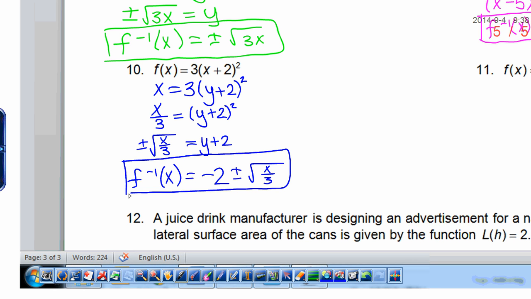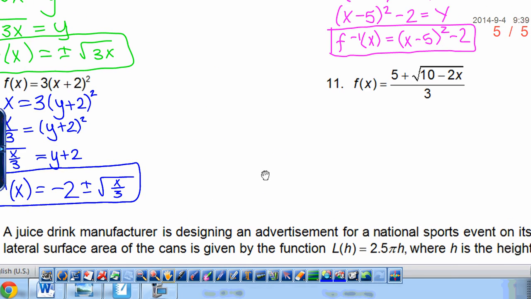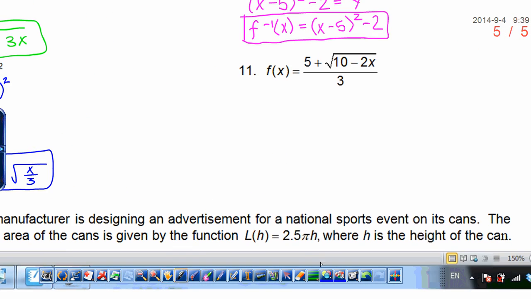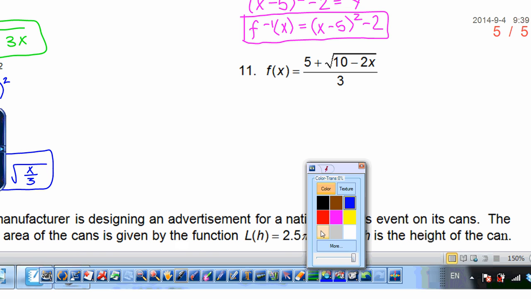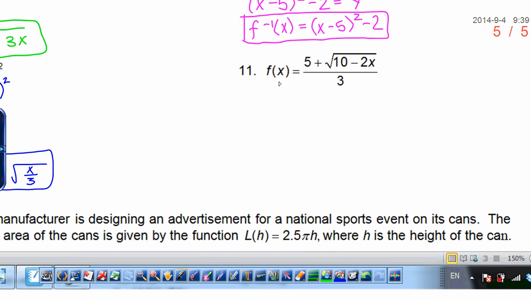Okay, let's try number 11. This one is challenging you to really remember your algebraic steps, your order of operations, technically reverse PEMDAS at this point. Okay, we switched our x and our y's.